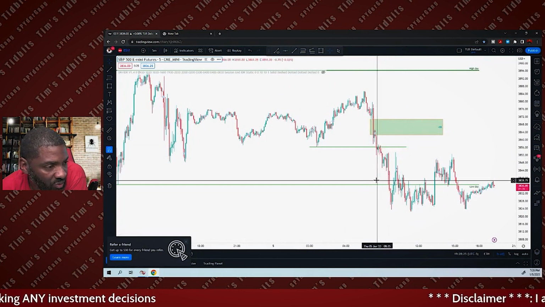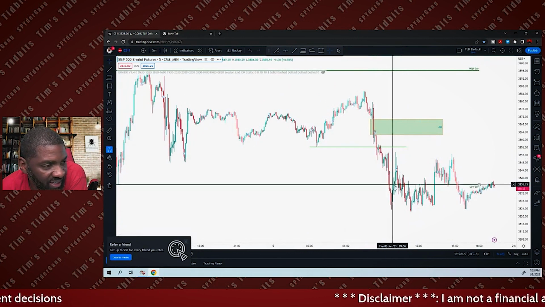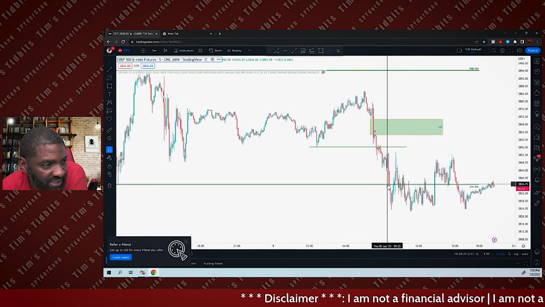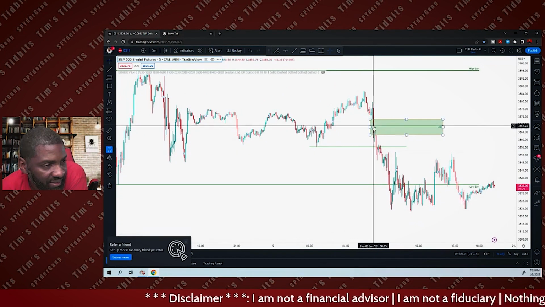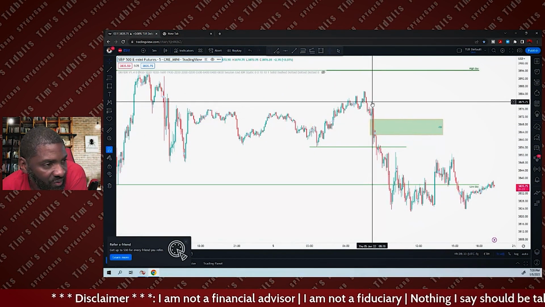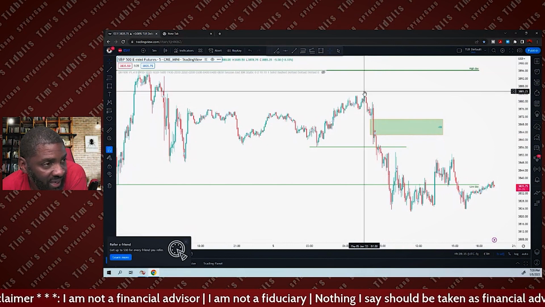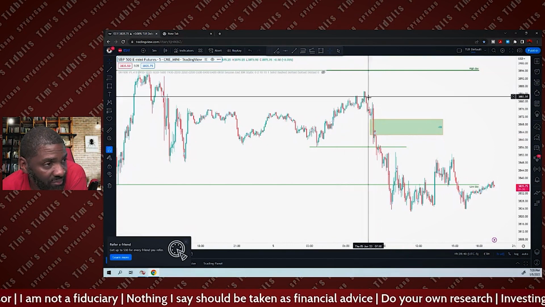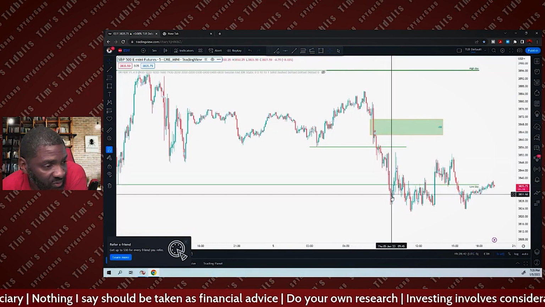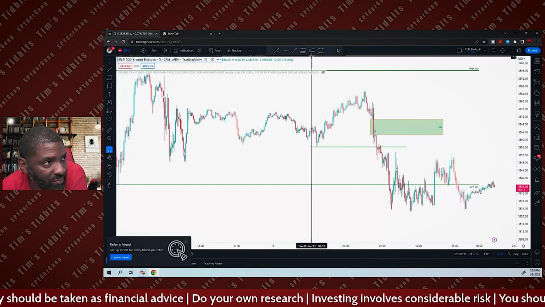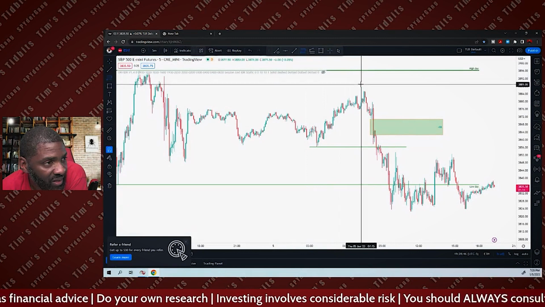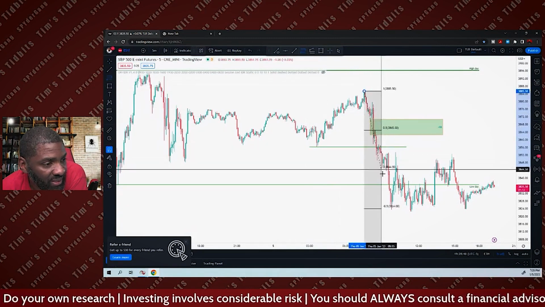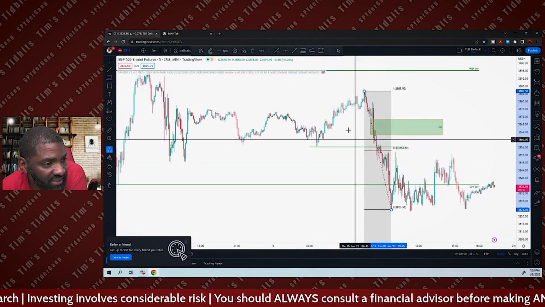We took out sell side right here. And this move started way up here, actually up here where this move started right there. We came up and started selling off, and then we came down and took out sell side.